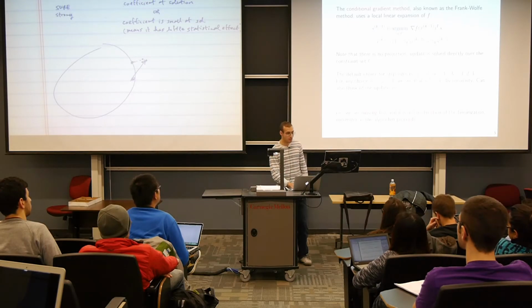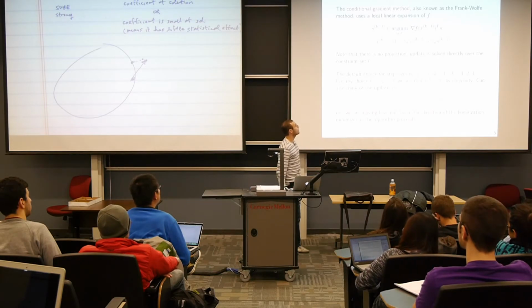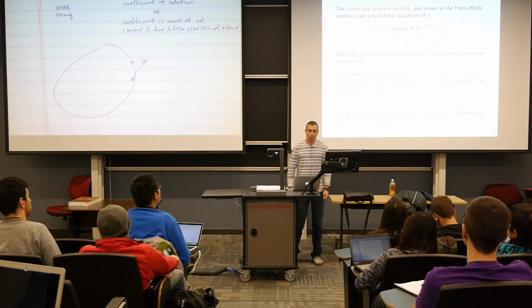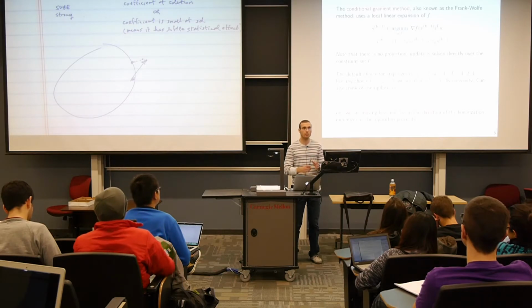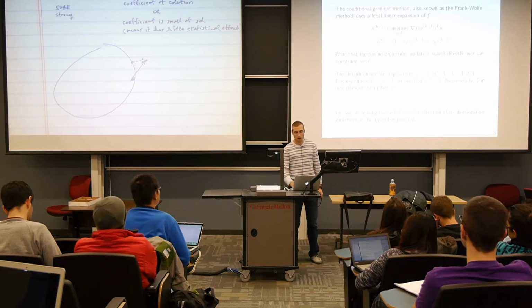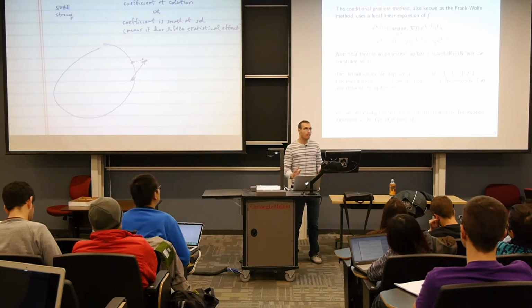No, this has nothing to do with acceleration. So it may look a bit like acceleration superficially because I'm adding 2 terms, but that's just similarity in the way it's written. So there are many addendums to Frank-Wolfe that we'll cover later on, many additions or modifications. Like we could, for example, do step size optimization instead of just choosing these fixed step sizes.